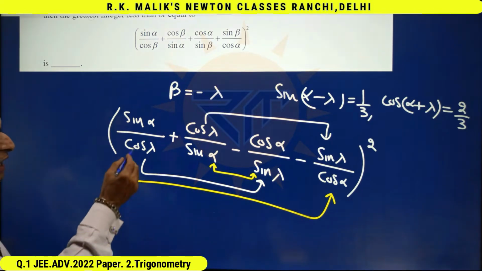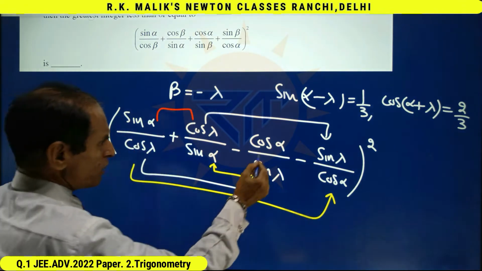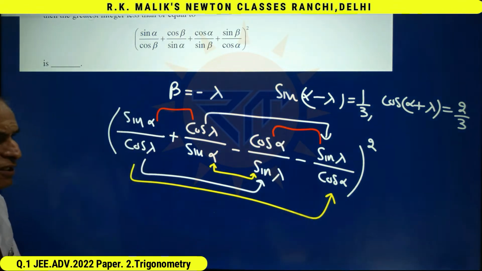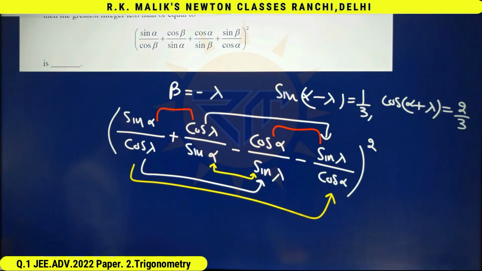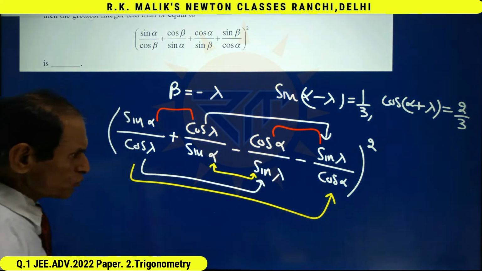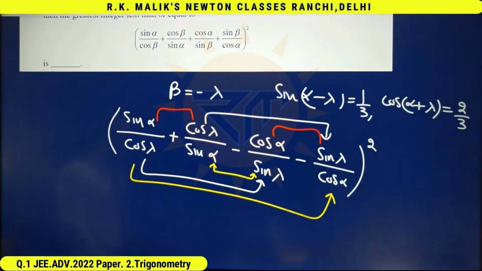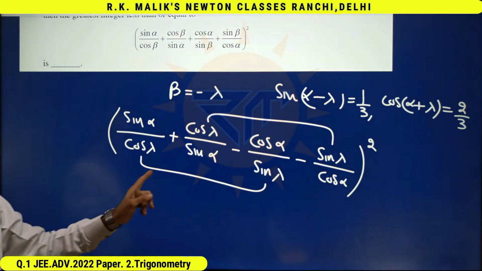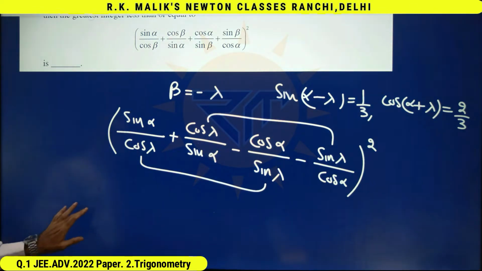Actually, even if I combine these two and these two, if you do the calculation, you will find that that way also gives the answer, but that way is too lengthy. Therefore, I will not prefer that way. But the method which immediately comes to mind just by looking at the question with the help of given information is to combine these two and combine these two. This thing flashes in the mind immediately.